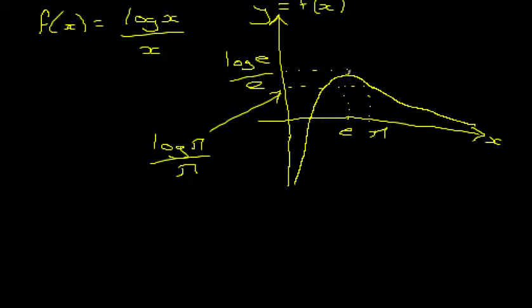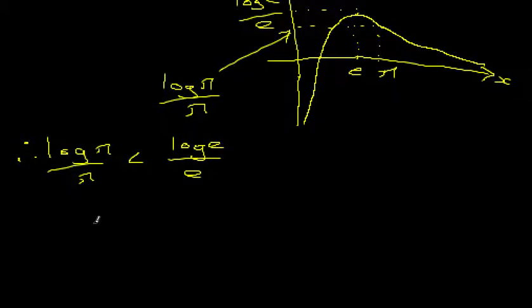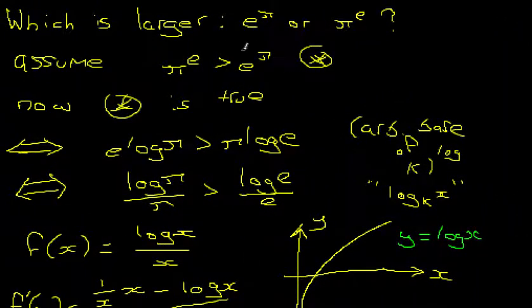But the important thing is this log e over e, i.e. f evaluated at e, is a maximum. So all of the values must be smaller than it. And so in particular, log pi over pi is less than log e over e. And remember, by assuming this, we reach this result. This is true exactly when this is true. But this is wrong.